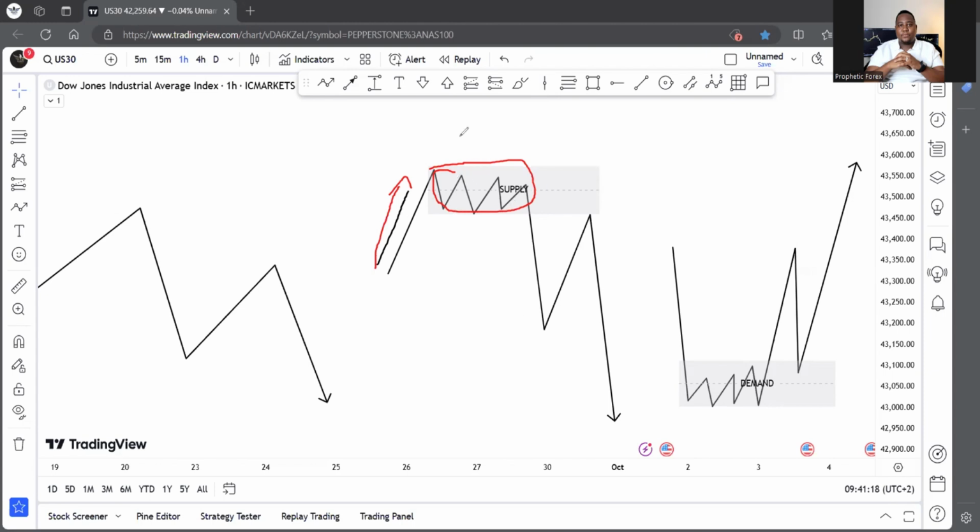And this preferably would be a lower high. Okay, we have zones in between, but preferably it would be a lower high. And of course, through creating that base, we now have a drop. Then the market pulls back to that, and then we can actually sell that off.